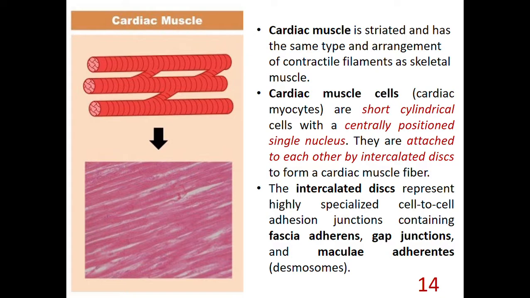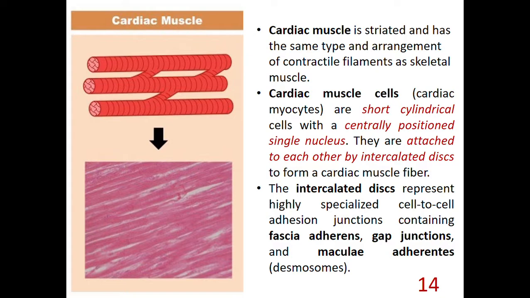One of them is nucleus position. In cardiac muscle, the nucleus is centrally located, but in skeletal muscle, multiple nuclei are located peripherally. Each cardiac muscle cell has just one nucleus, but each skeletal muscle cell has more than one nucleus.